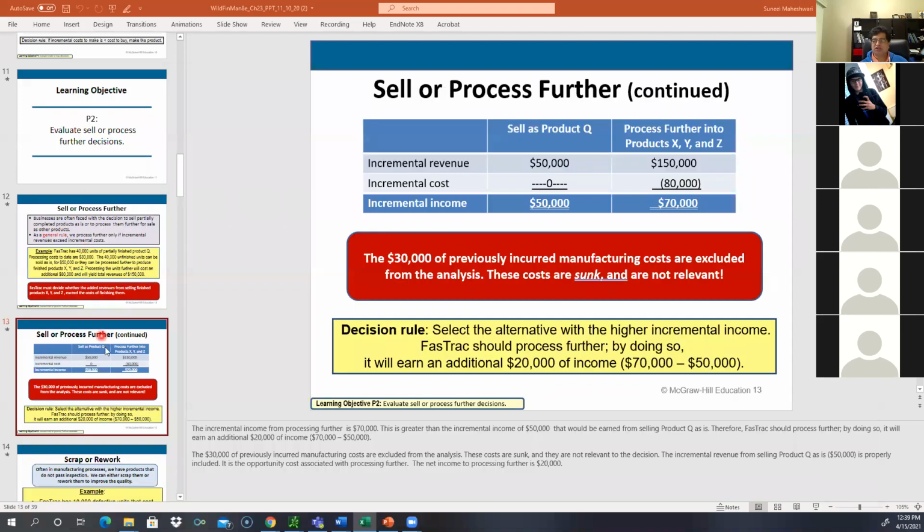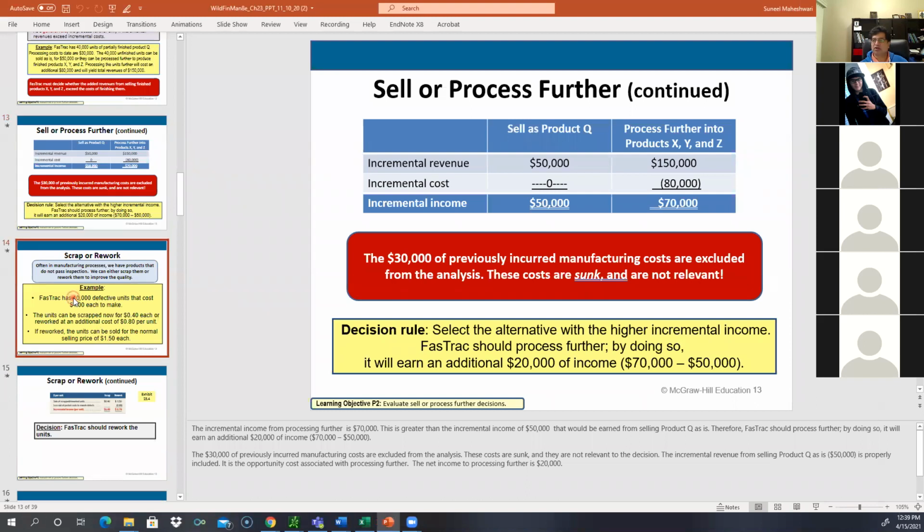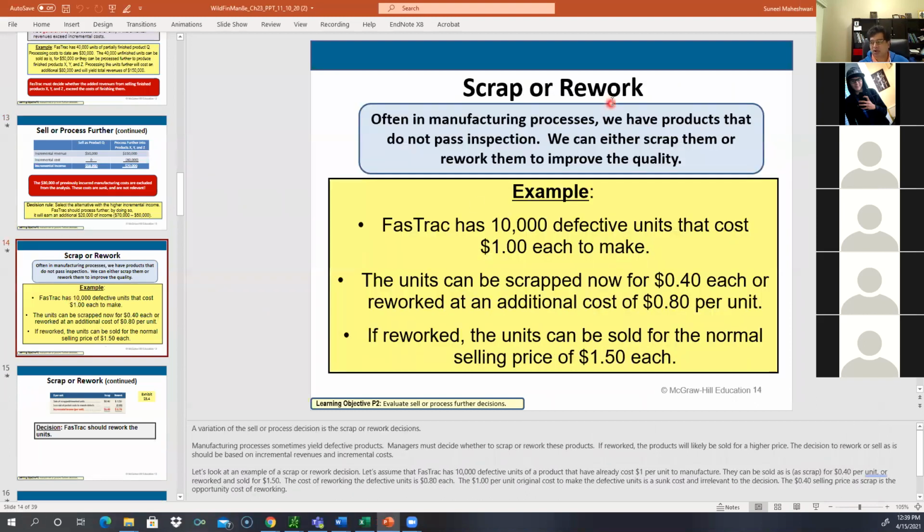Okay, so that is sell or process further. Next relates to scrap or rework. Again, the same concept. Fast Track has 10,000 defective units that cost $1 each to make.